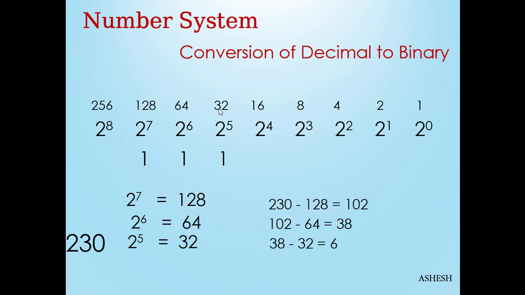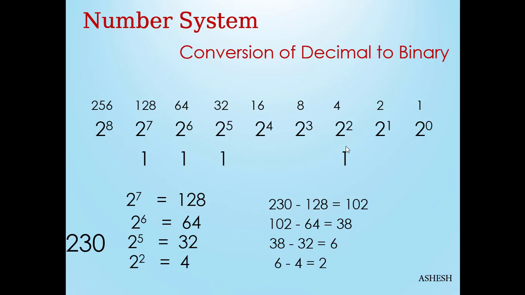The suitable number will be 4, because it is the nearest smaller number of 6. So 2 to the power 2 equal to 4. 1 along with that 4.